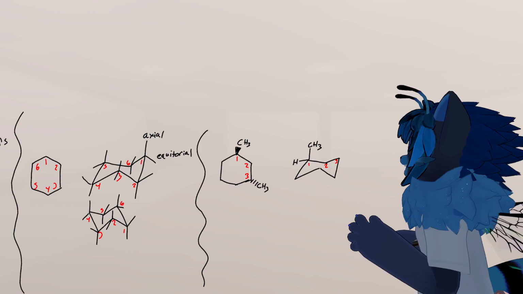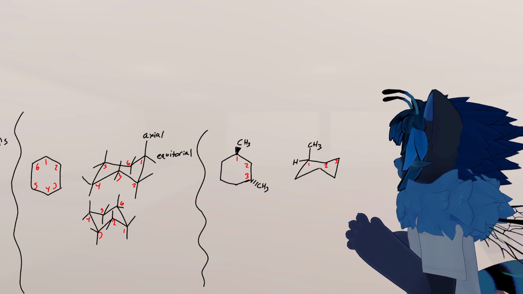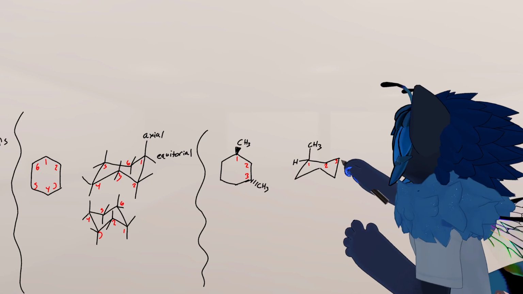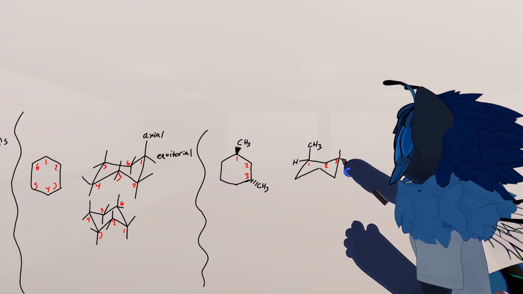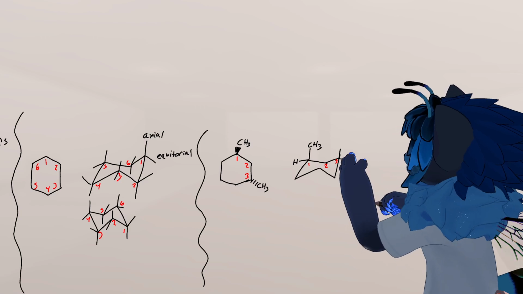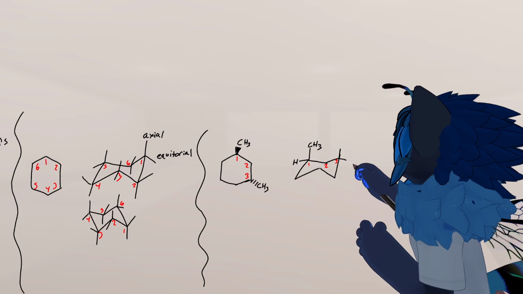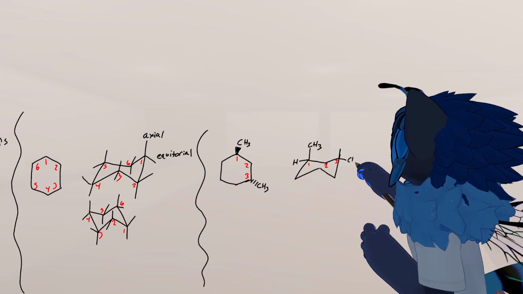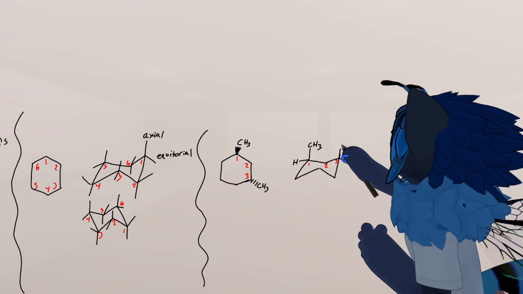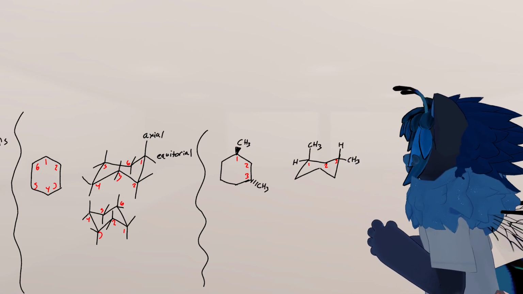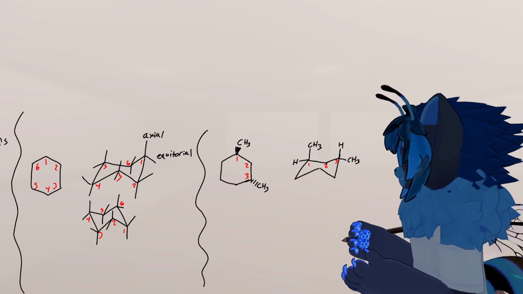On carbon 3, our methyl is going to be pointing down. So if you look at our groups, we can't have the methyl pointing up in the axial position, so it has to be in the equatorial. And our hydrogen will be pointing up. Okay, so awesome.